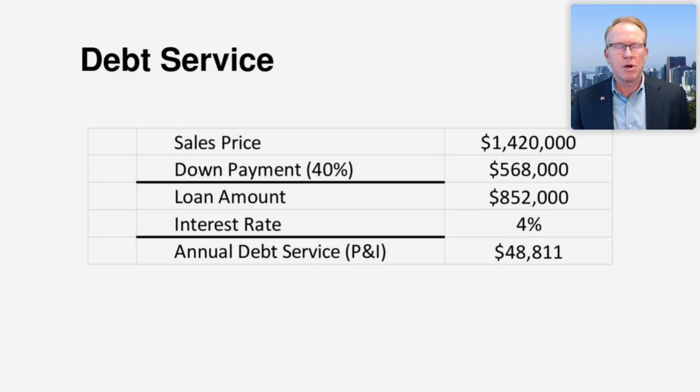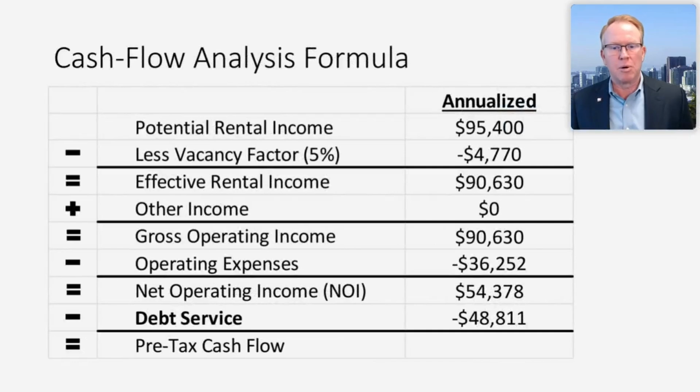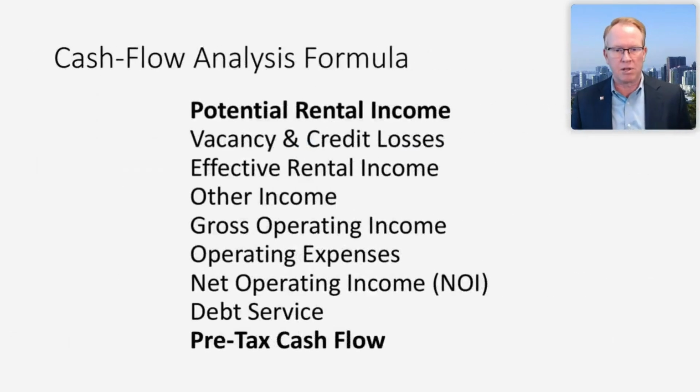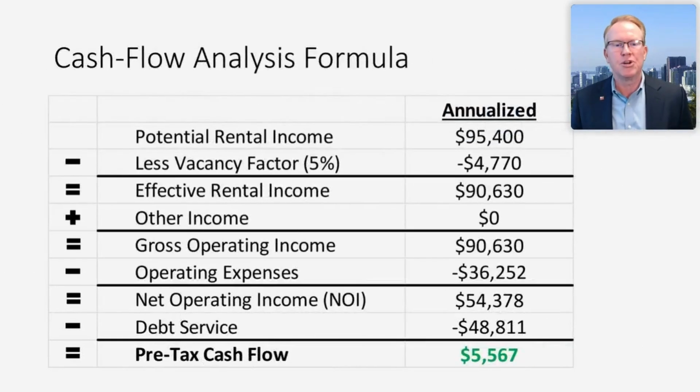So we already included taxes and insurance. So with annual debt service, we're only talking about principal and interest. We don't want to double charge in the cash flow analysis for taxes and insurance. So in this situation, your 12 months of debt service is $48,811.